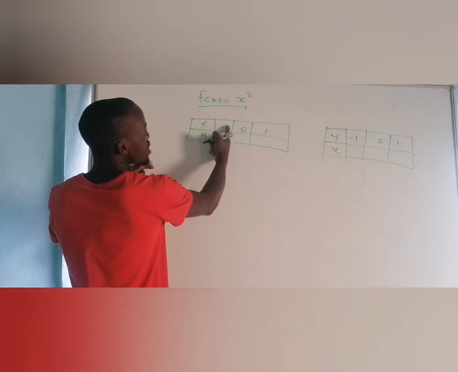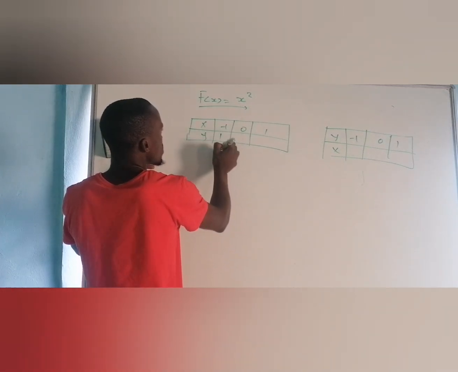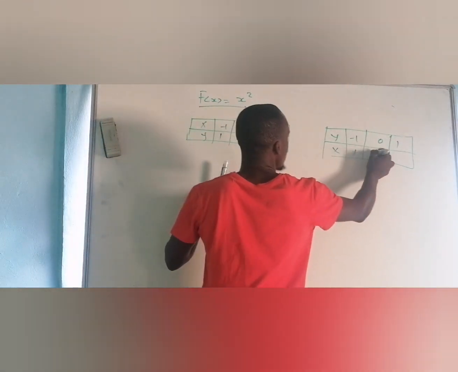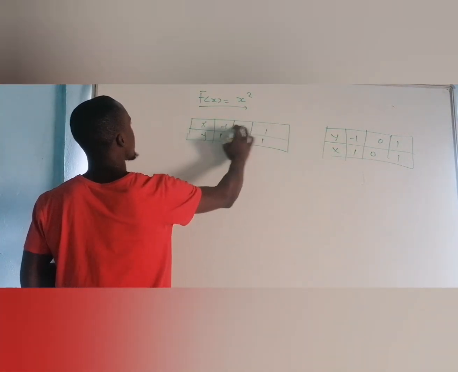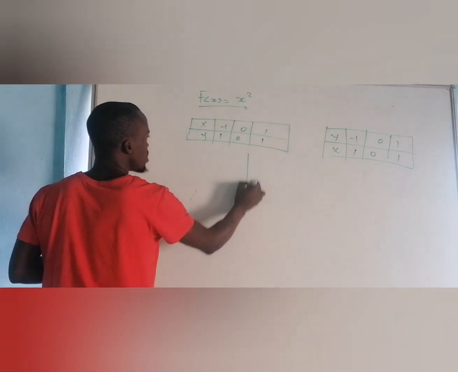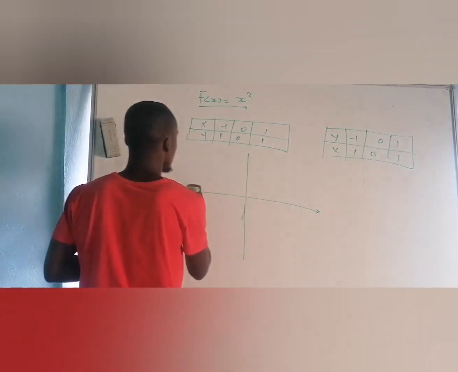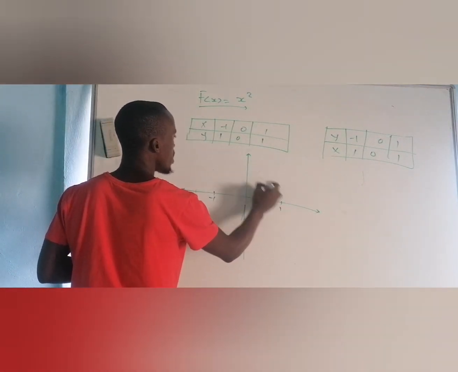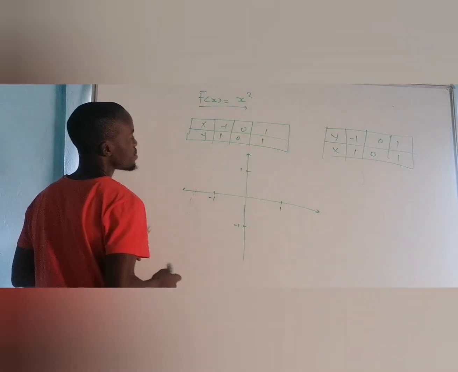Therefore, where there's negative 1, I substitute it on the original equation. So I will have positive 1, I will have 0, I will have 1. You just take these x values and substitute it there. Punch them on your calculators. Okay, it will be 1, 0, 1.